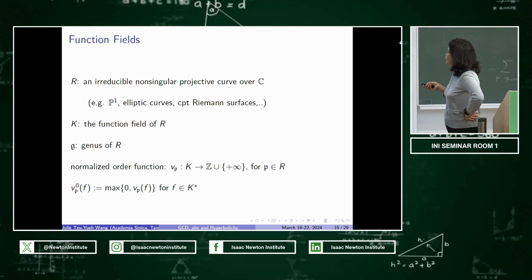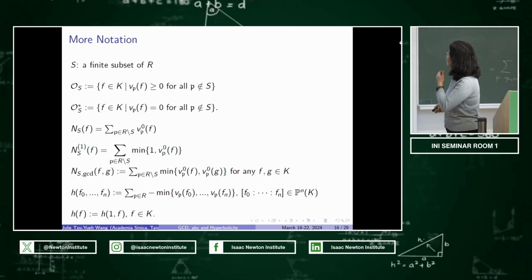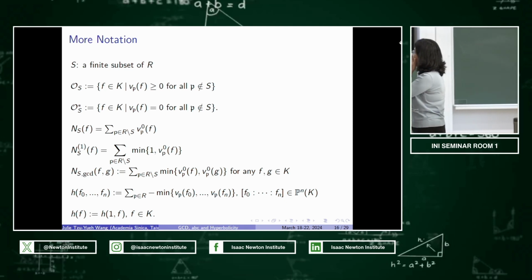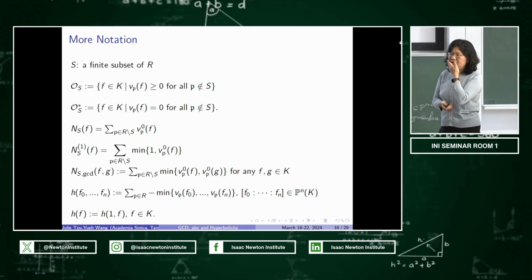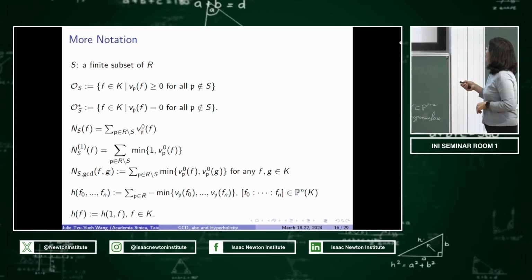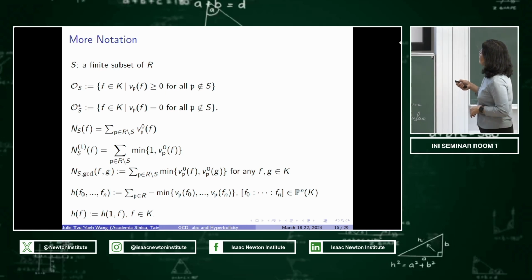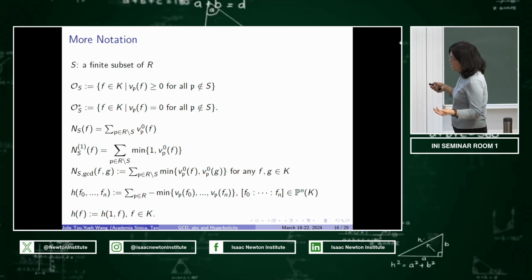And for a function field, at every point we can also define a valuation. So you want to see how this map vanishes at the point P, and this is the order, which counts the number of zeros. Because in a function field, an algebraic function without zeros will be constant, we always have to pick out some finite set S. And then this is like the entire function, this is like a unit.